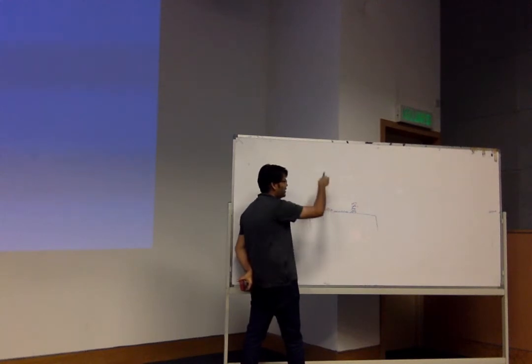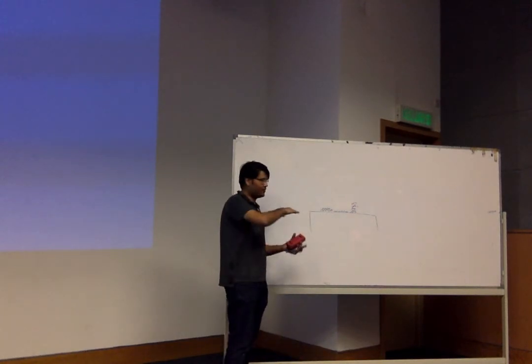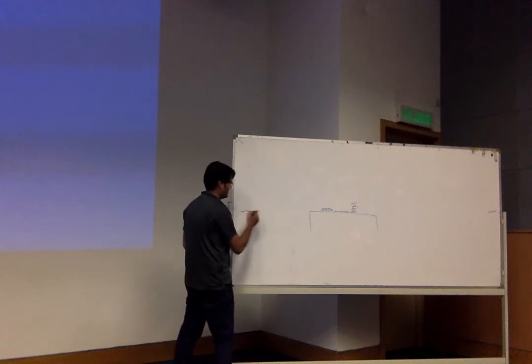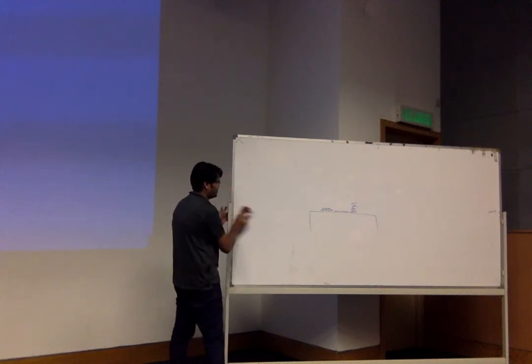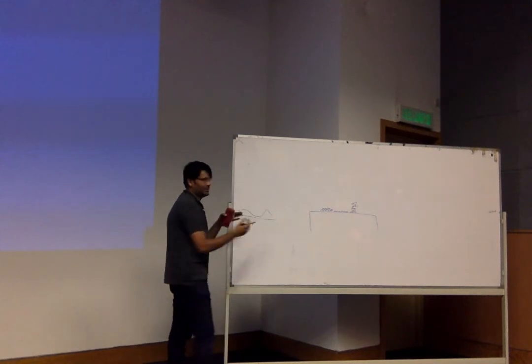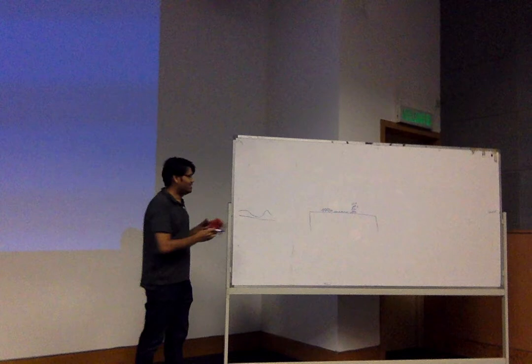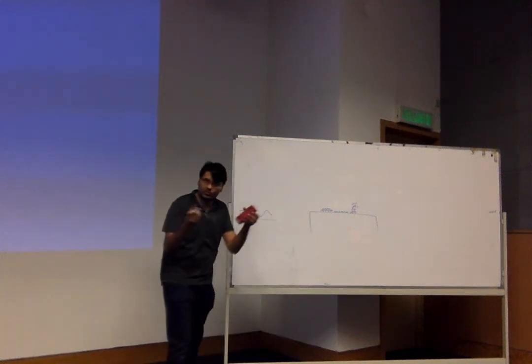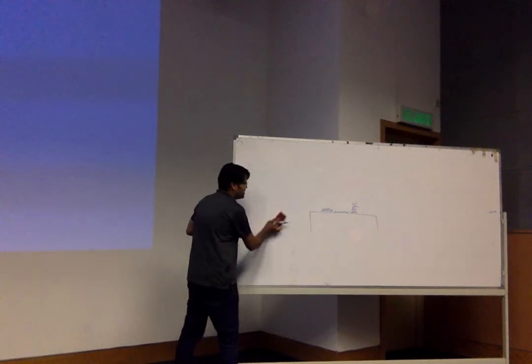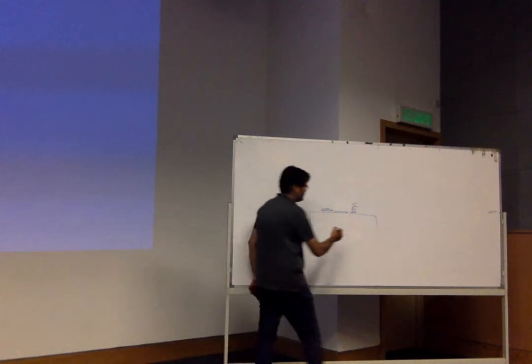So overall, on a big picture, the surface looks like this. This is the surface of the material, the sample. Usually it's a combination of atoms.